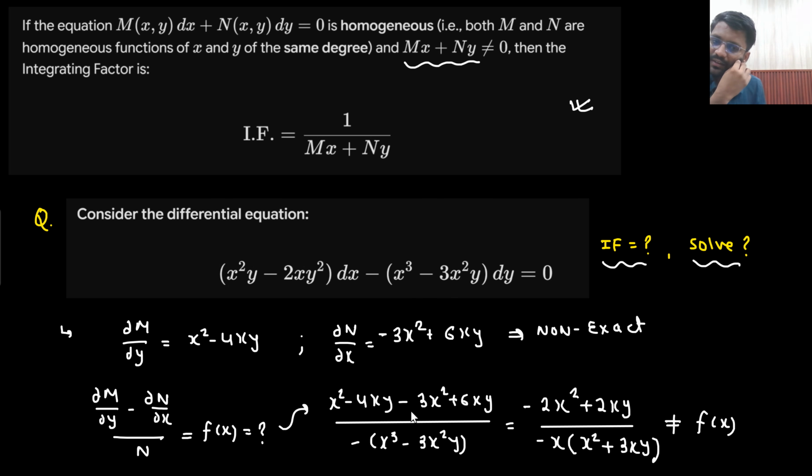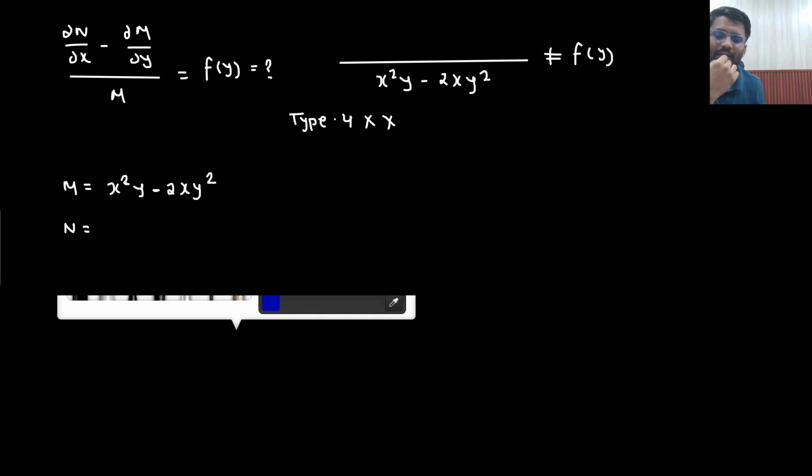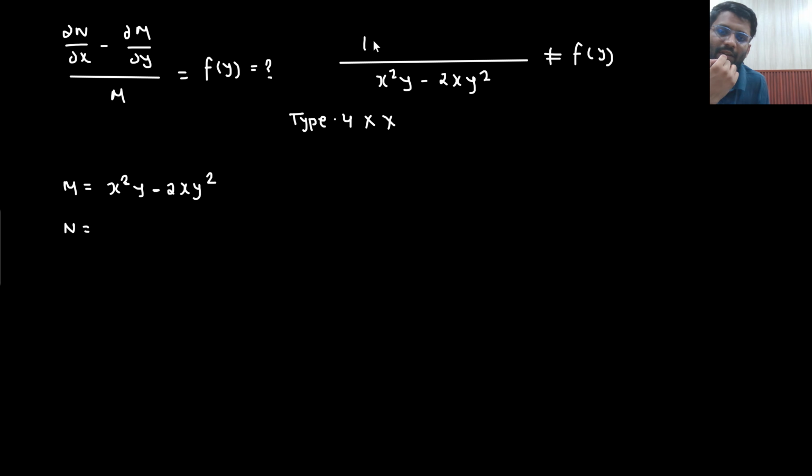So this will become 4x square minus 10xy, and eventually this will come out to be 10xy minus 4x square.